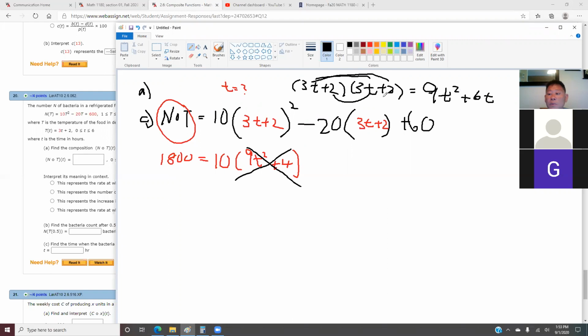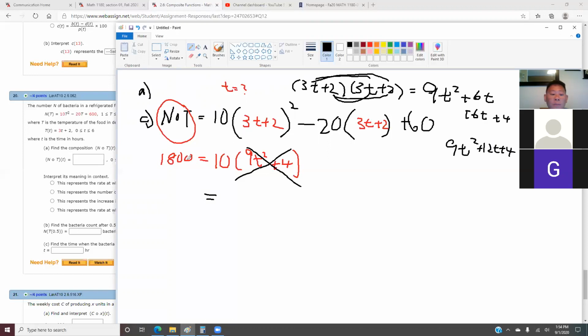And then 2 times 3t is another 6t. And then 2 times 2 gives us 4. So this gives me 9t squared plus 12t plus 4. Where's your 12t? You don't have your 12t here. That's why you get everything wrong here. So after that, you've got 9t squared plus 12t plus 4.